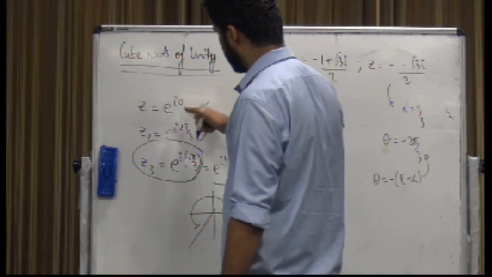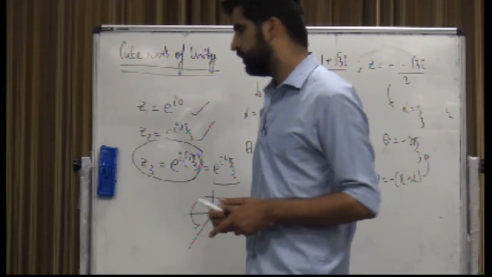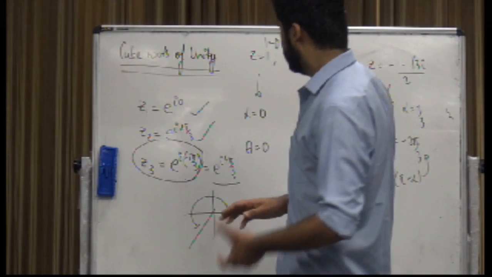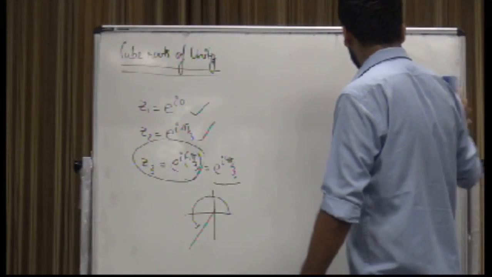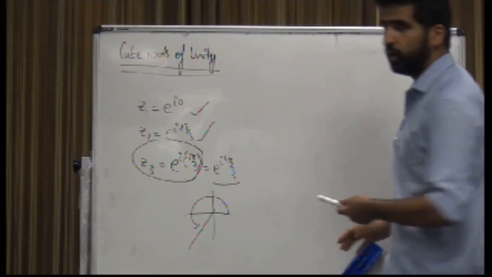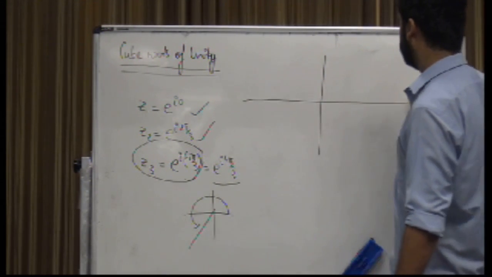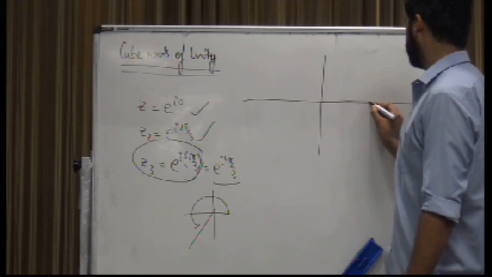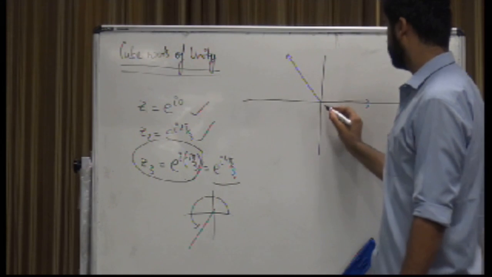e to the power iota 0, we can write this as 1. But there's a reason I'm writing it like this. The reason is, when you represent all these three complex numbers on the Argand plane, first complex number is this one, second is over here, third is over here.